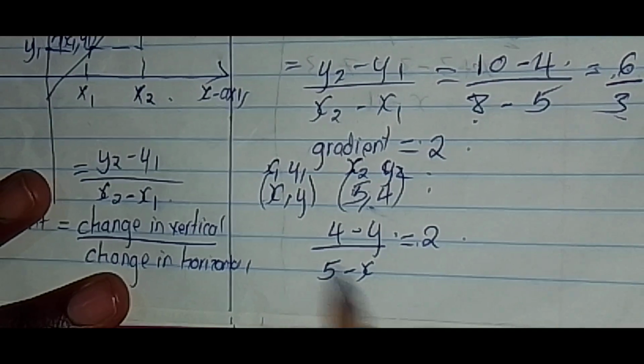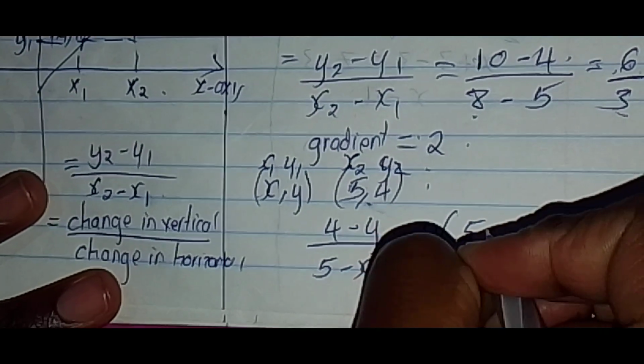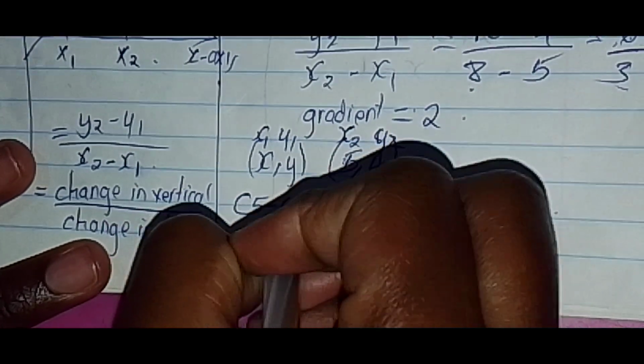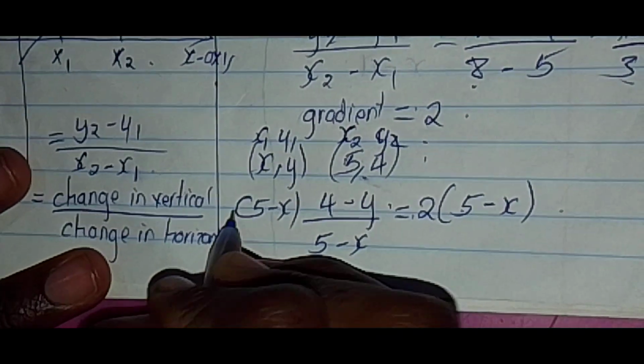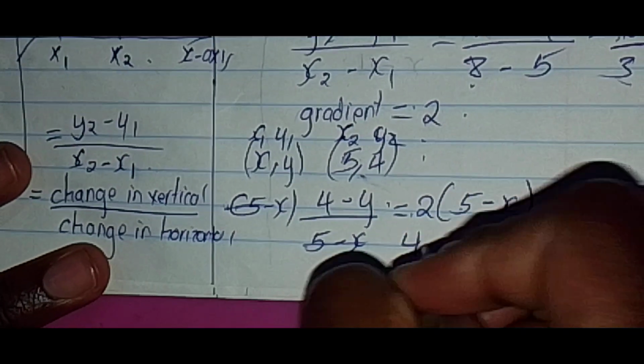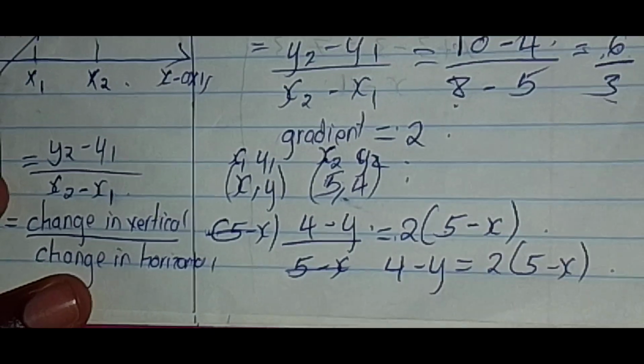So we need to simplify this equation. We'll multiply both sides by 5 minus x, so that the 5 minus x cancels itself on this side. We remain with 4 minus y equals 2 into 5 minus x.